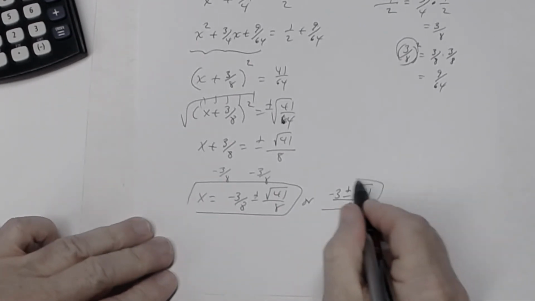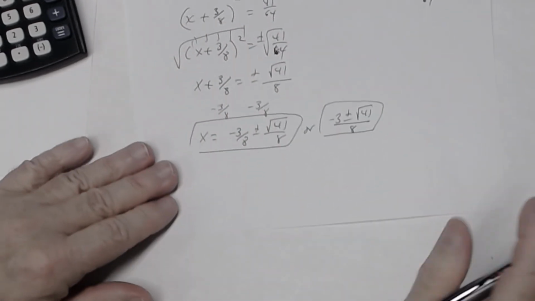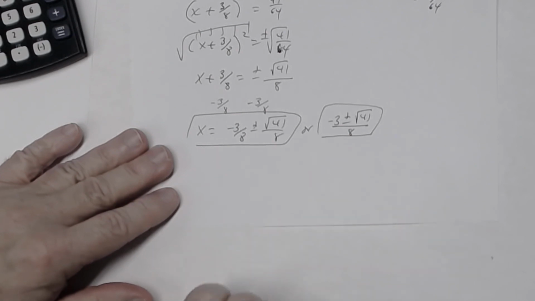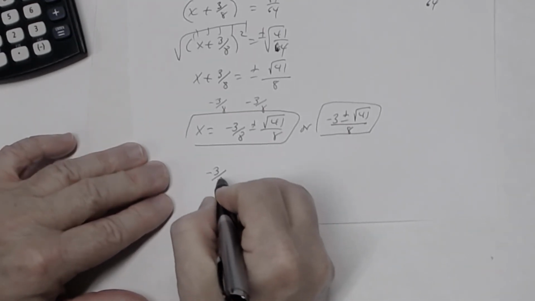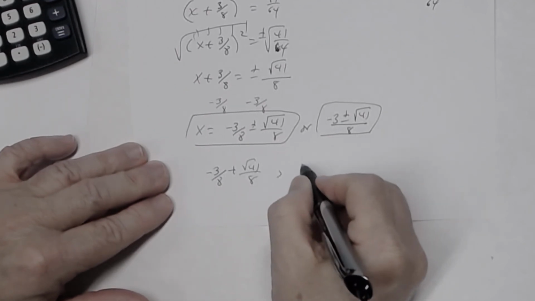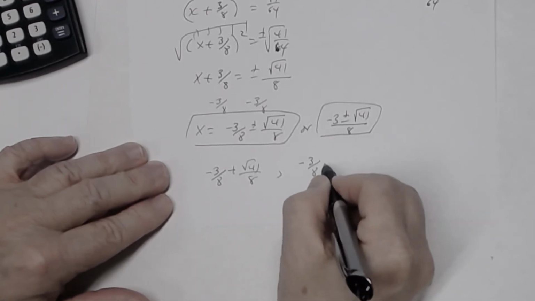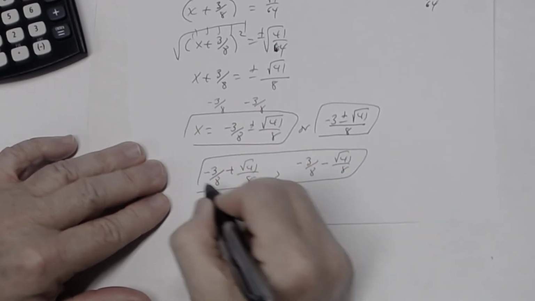Or you can write this as two separate solutions. Negative 3/8 plus the square root of 41 over 8, comma, negative 3/8 minus the square root of 41 over 8. You can do it like that if you want to.